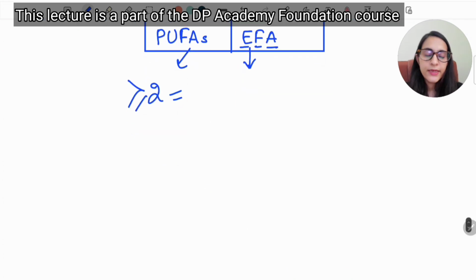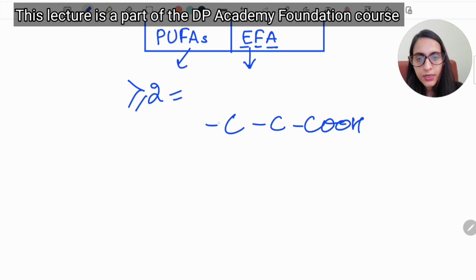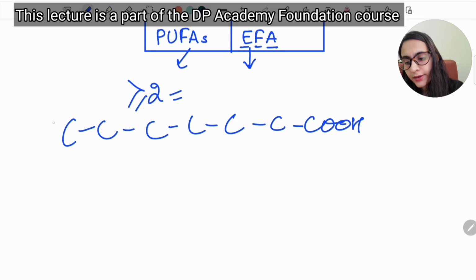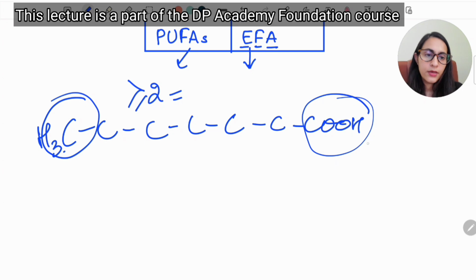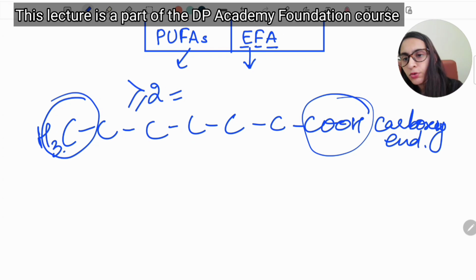If you draw a structure, we have a carboxylic acid at one end, and multiple carbon atoms attached to it. At the other end we have a methyl group. So one is the carboxylic acid end, known as the carboxy end, and the other is the methyl end.